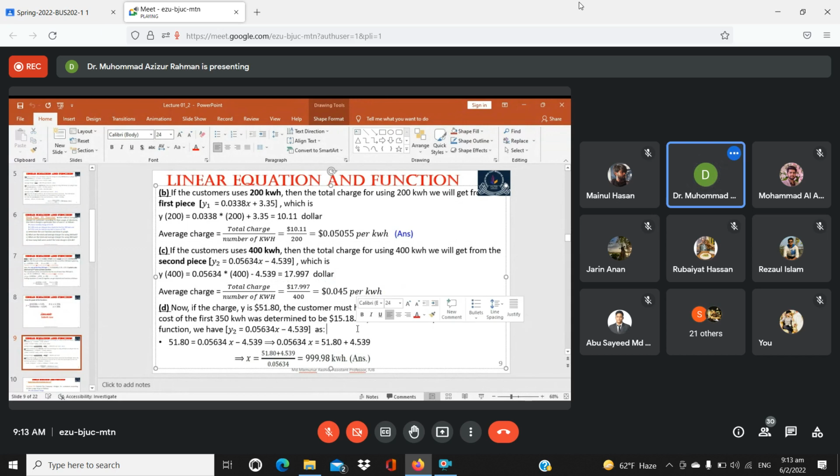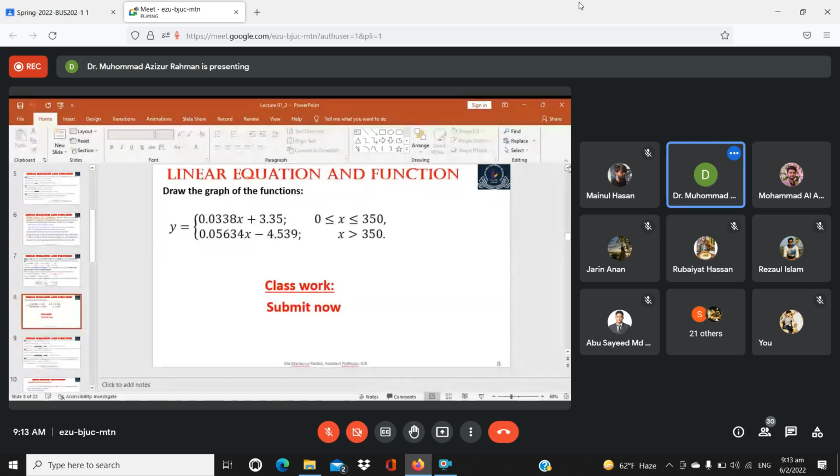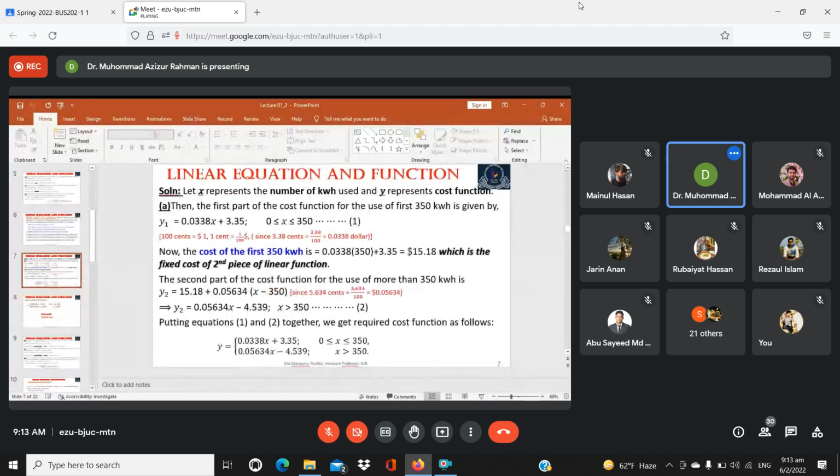In that case, $51.80 is more than $15. So what equation should I use? The second one. Yeah, so we should use the second equation.